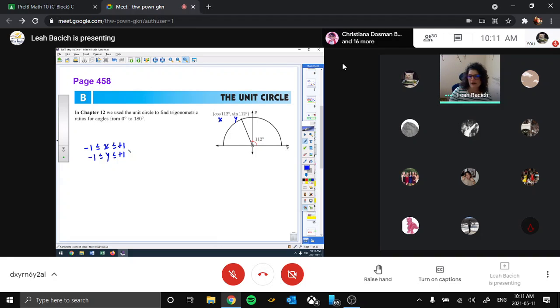So, on your calculator, can someone take the cosine of 112 degrees and tell me what you get? I know it's going to be negative. I got negative 0.3746. Perfect. And that's rounded. Is it, Rebecca? Okay.